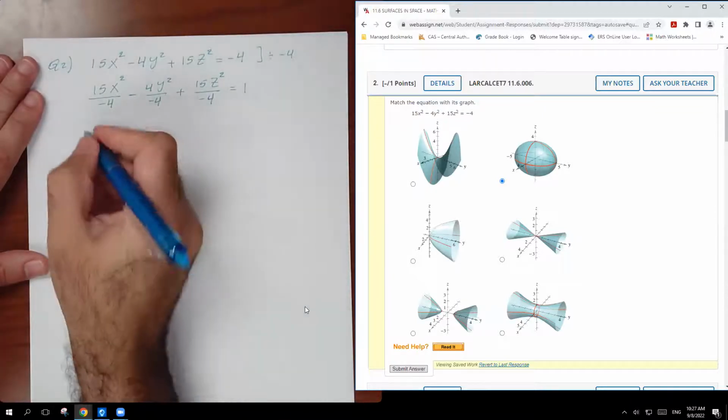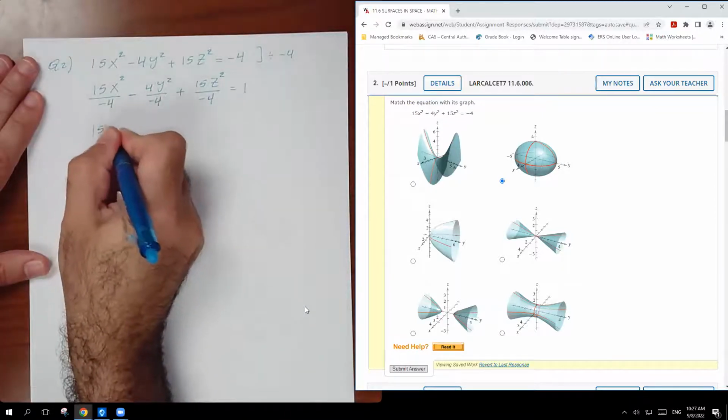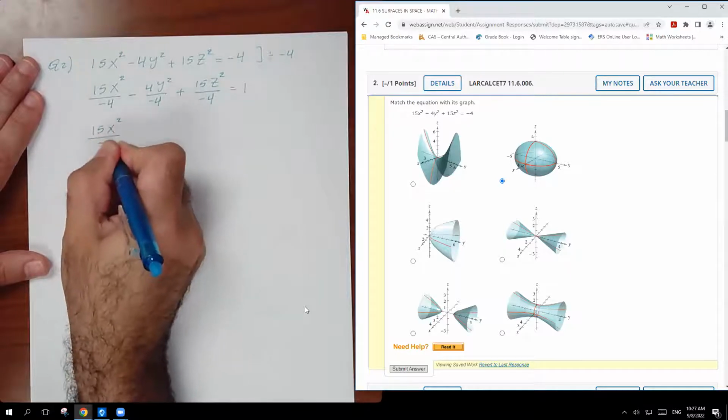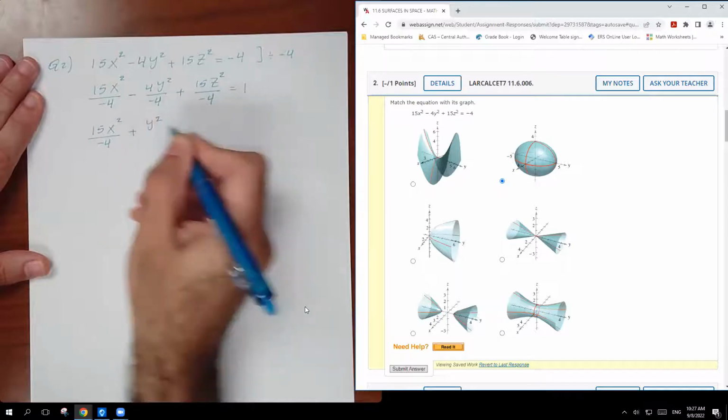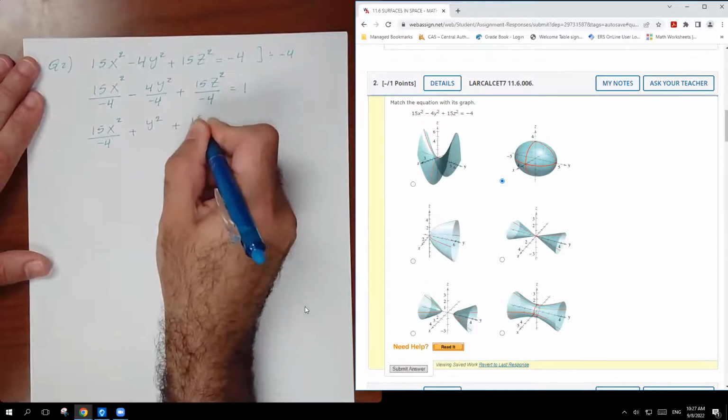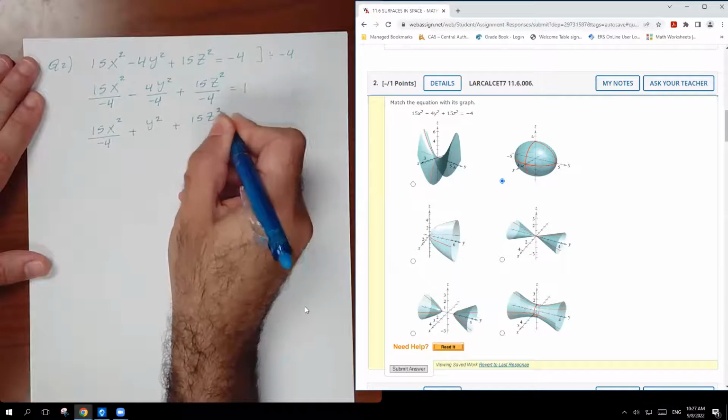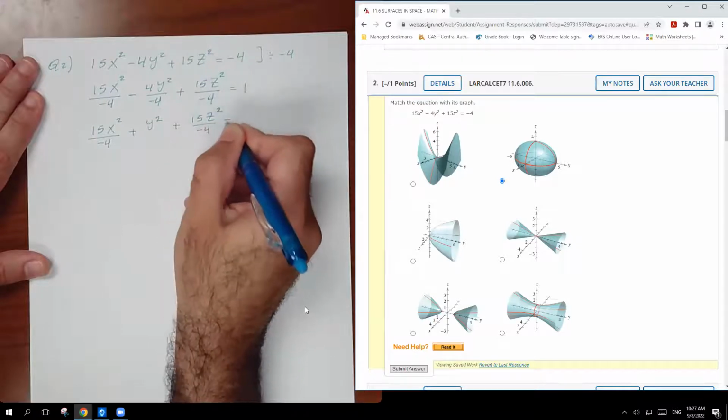Let's simplify this one. 15x squared over -4 plus y squared plus 15z squared over -4 equal 1.